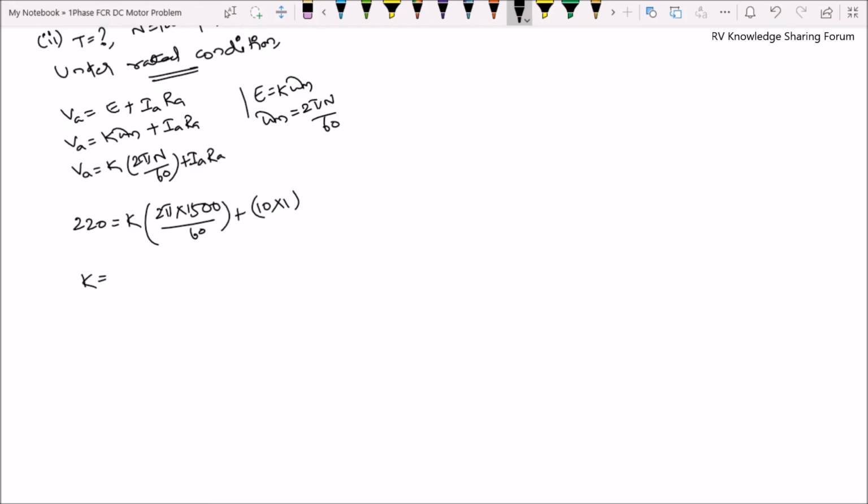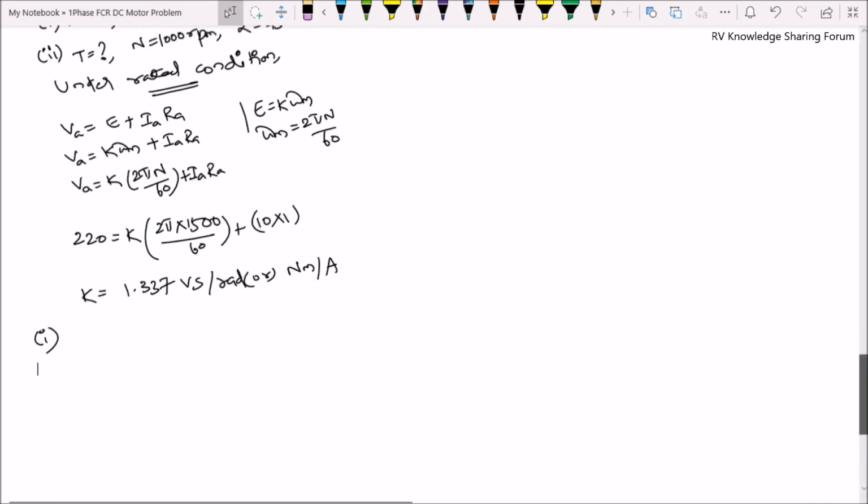If we solve this, we will get the constant K equal to 1.337 volt second per radian, or Newton meters per ampere.